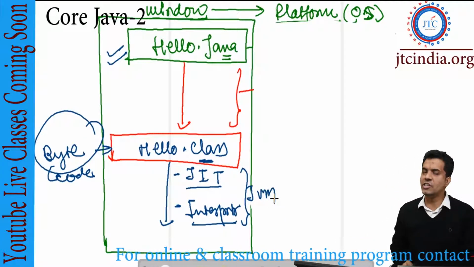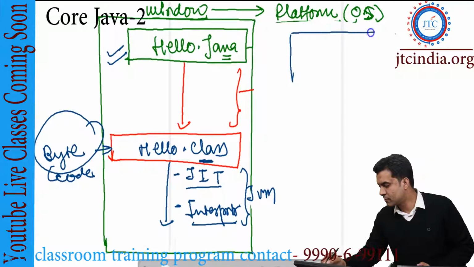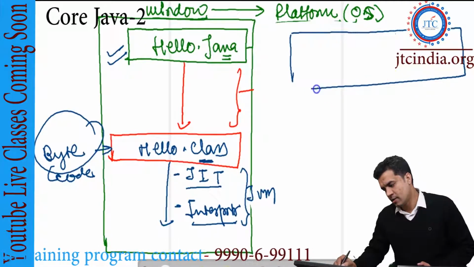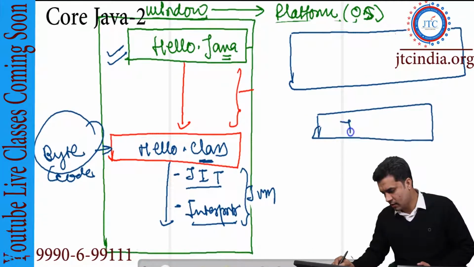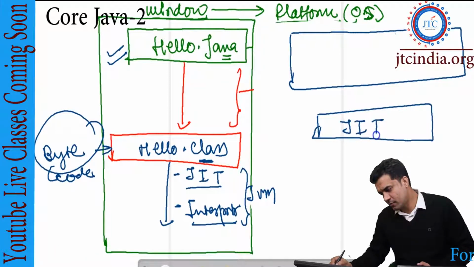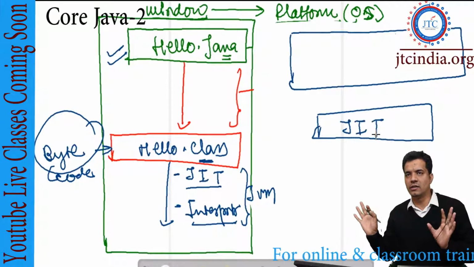Now, JIT compiler. What is the JIT compiler? Understand. The JIT compiler is just-in-time compiler. Remember it.